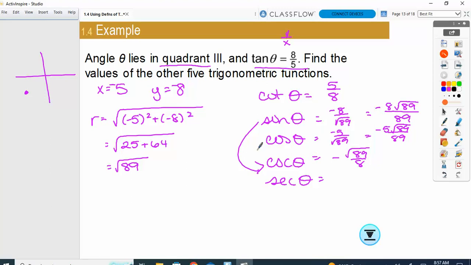And then secant is the reciprocal of cosine, so that would be negative radical 89 over 5. So if I give you the trig function, you have to figure out which variables I have just given you. Use your quadrant to figure out what's positive or negative, and then you can do it like before.